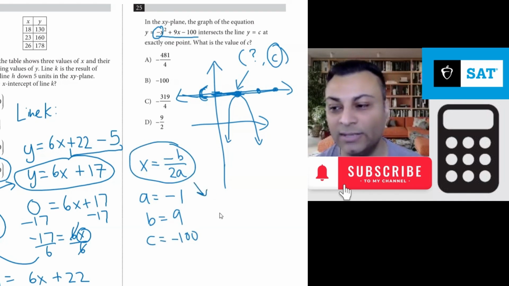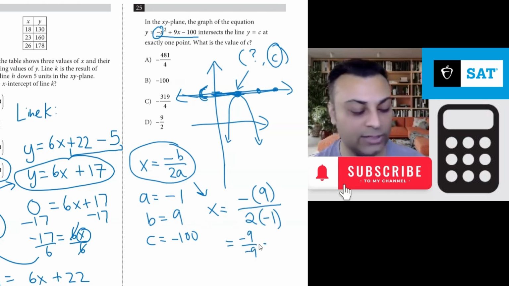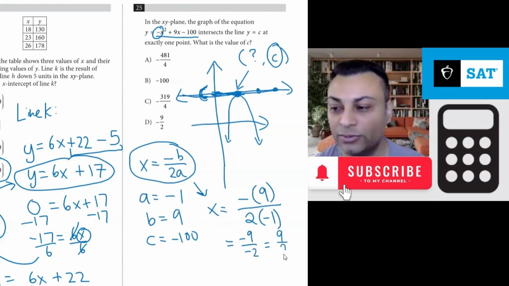So x equals negative b over 2a. Okay, let's be very careful. The b is 9, so that goes here. And the a is -1, so that goes here. This ends up being -9 over -2, or simply 9 over 2. Okay, but that is this x coordinate, 9 over 2.